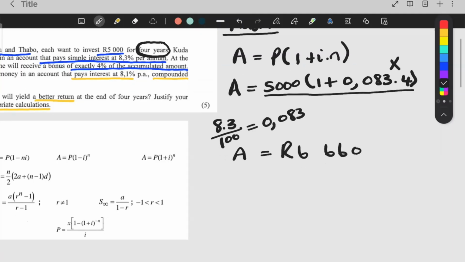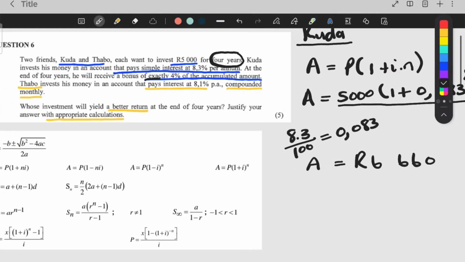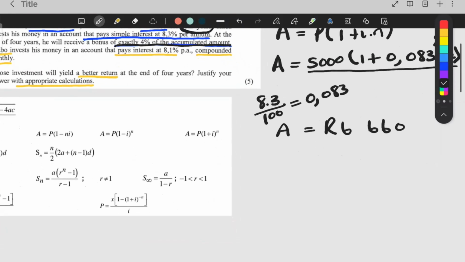6,660. But then it says at the end of the 4 years, he will receive a bonus of exactly 4% of the accumulated amount. Of this accumulated amount, he's going to still receive a bonus of 4%. So let's work out this bonus.